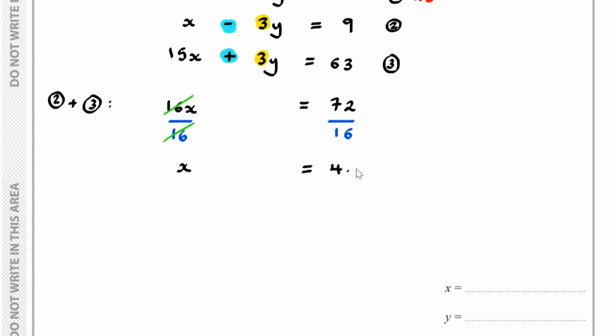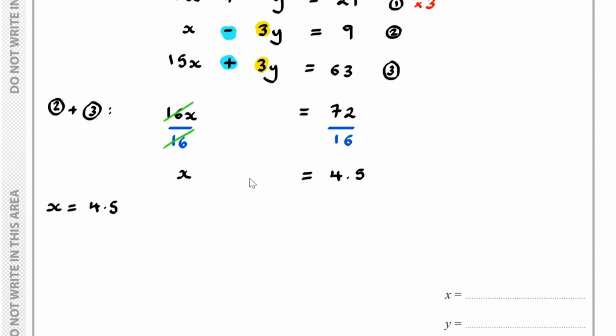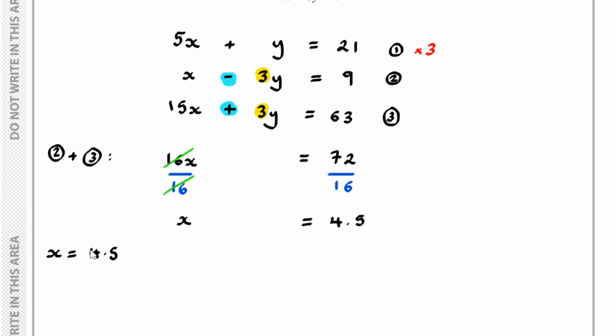which is 4.5. Now, when x is equal to 4.5, we can find out what y is. Let's substitute into equation 2.